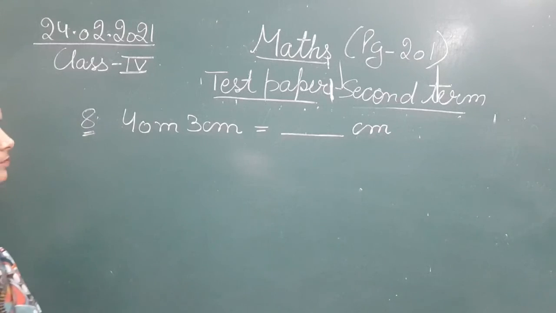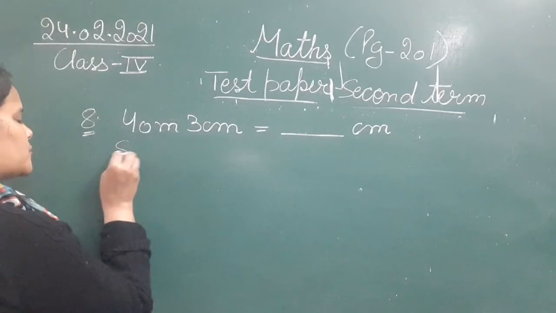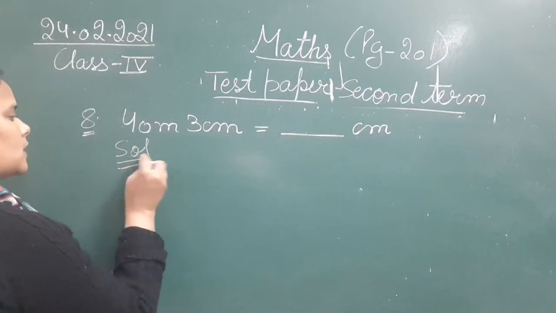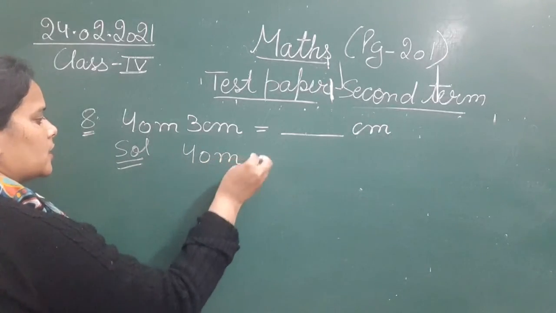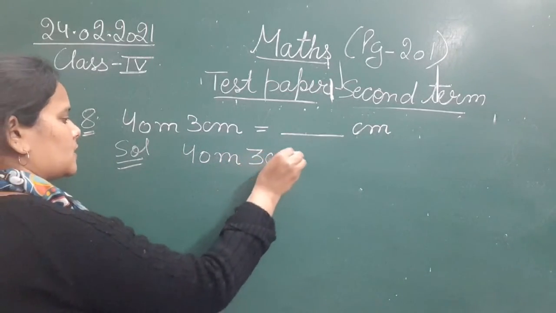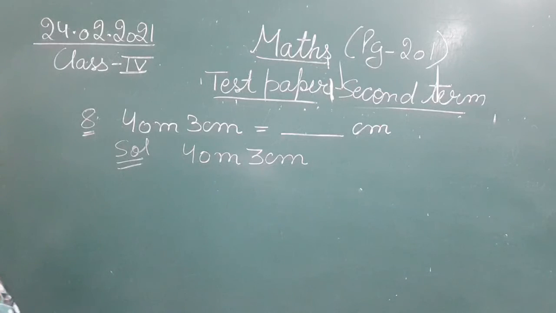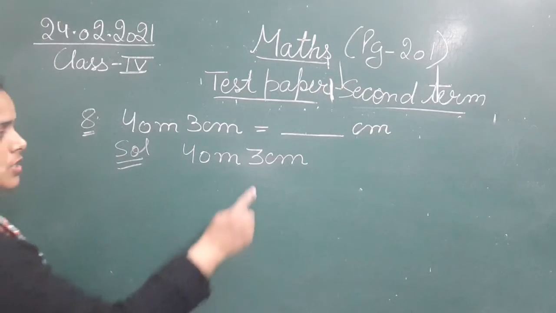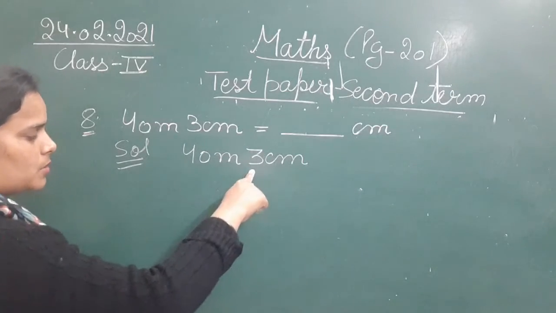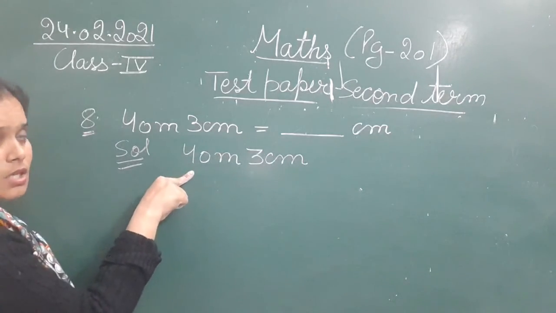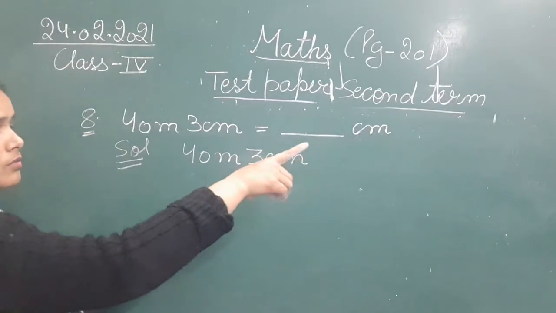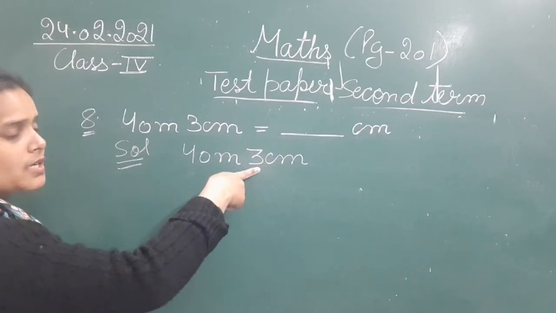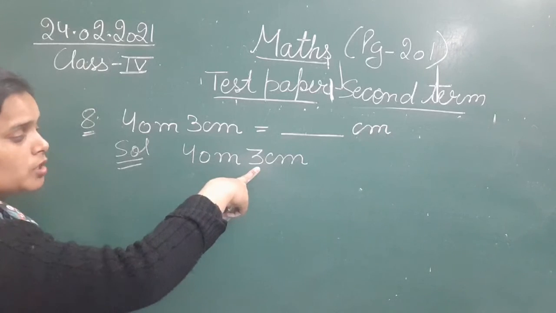Okay? So let's do the solution here. That is 40 meter 3 centimeter, and we need to convert it into centimeter. So as you can see, this 3 is already in centimeter whereas 40 is in meter. 3 is already in centimeter, so we need not convert this.